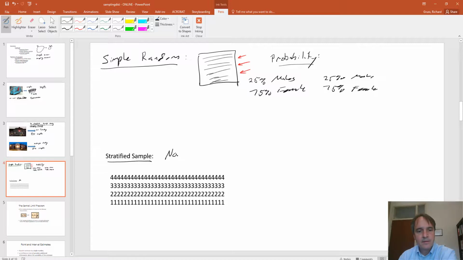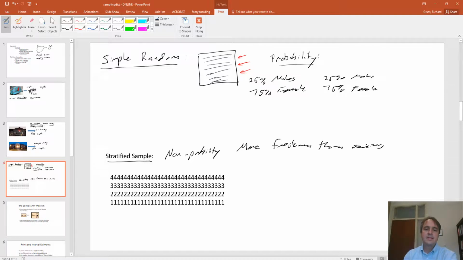So this will be a non-probability sample. We don't necessarily want exact representation because we have more freshmen than we have seniors. But we're interested in getting a good solid representation of every class.